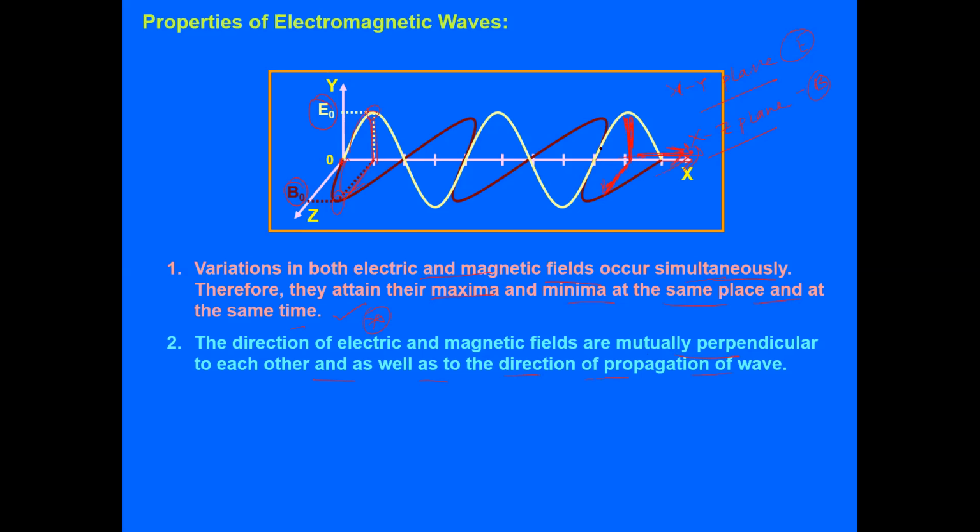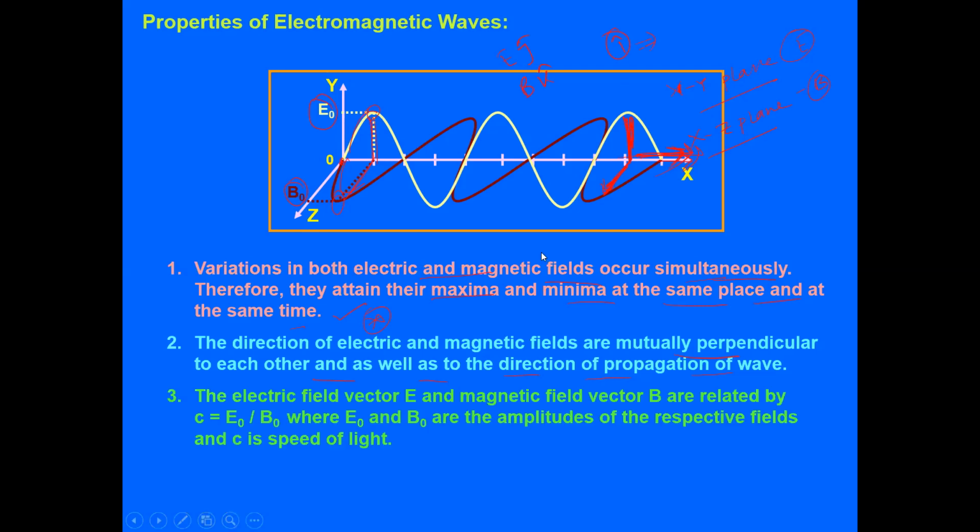Okay, so we can express the oscillations of the electric field along the z cap direction. And the magnetic field is oscillating along the k cap, whereas the propagation of the light or the electromagnetic wave is along the i cap direction. That means the unit vector along the x direction that I am trying to discuss.